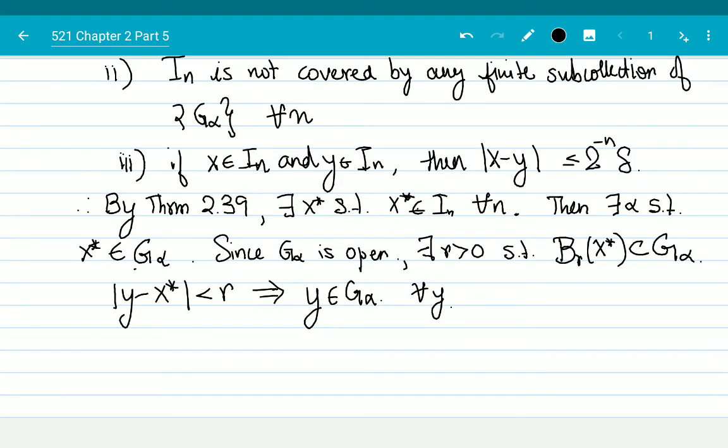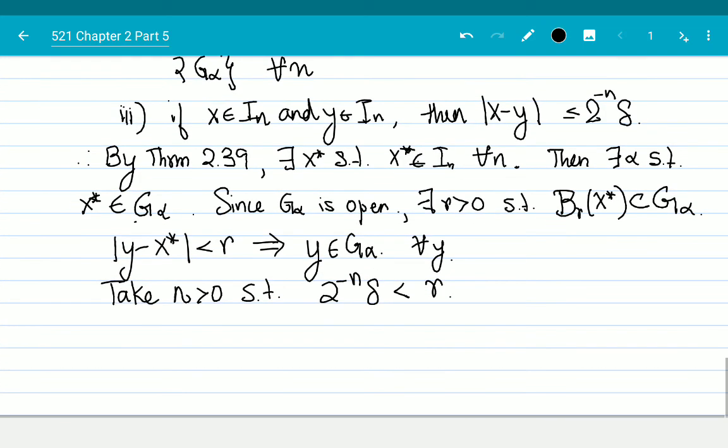Well, take n greater than 0 such that 2 to the minus n delta is strictly smaller than r. Okay? Well, then what is happening?